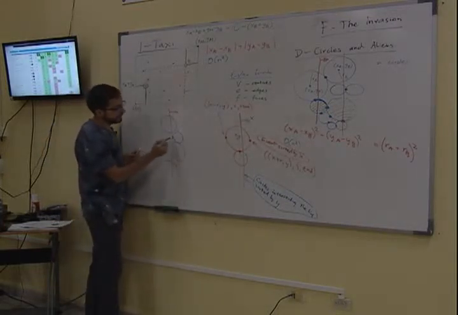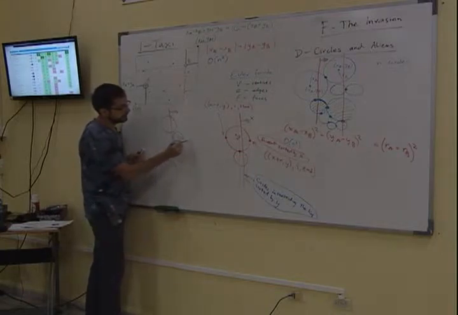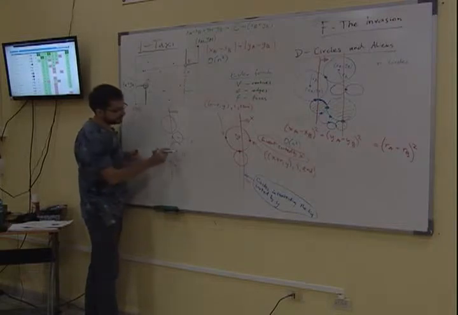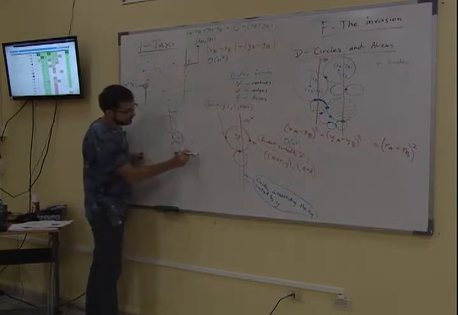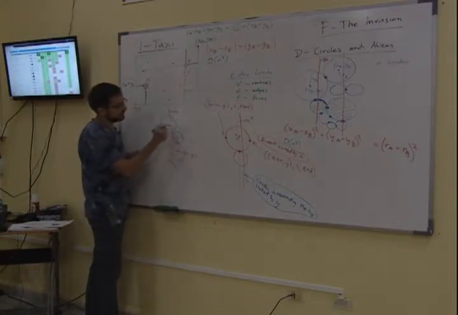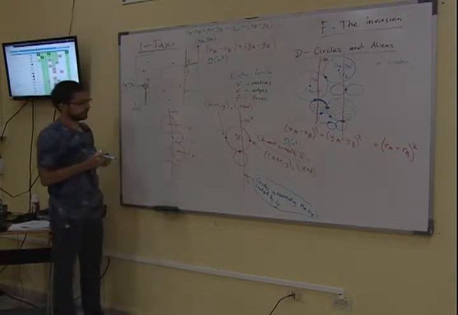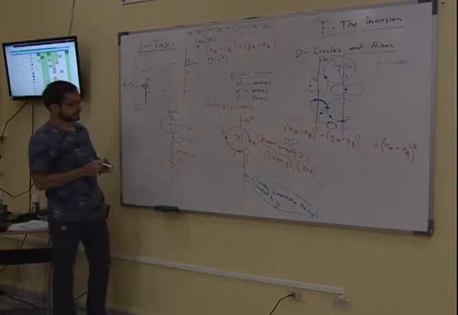I'm adding this circle on y, and these will be the next circle and the previous circle on the line.